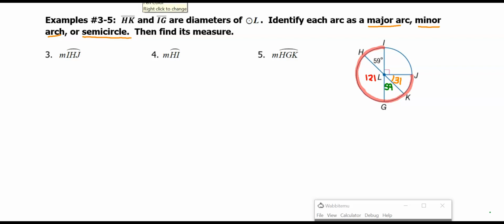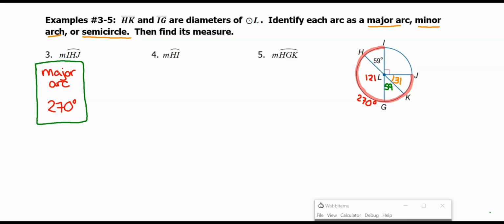The three letters kind of gave it away, but you don't know if the book is going to try to trick us by using weird notation. Now they say find that measurement. Well, it's all of the 360 except for the 90 I did not use, so that will be all of the 270 on the outside. 270 degrees. So there's my answer for number 3.